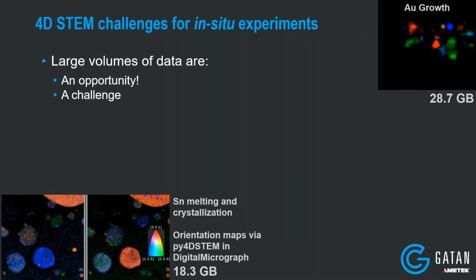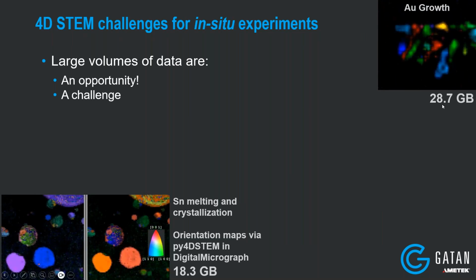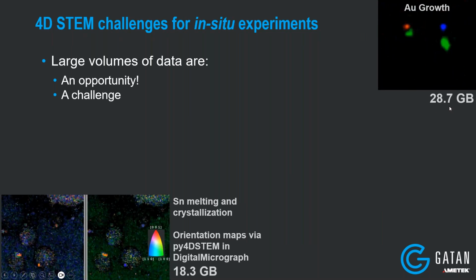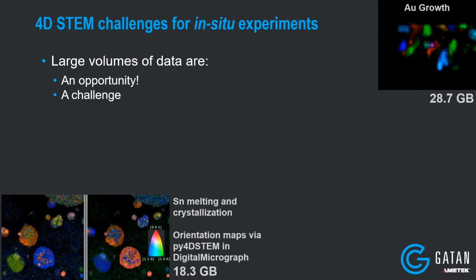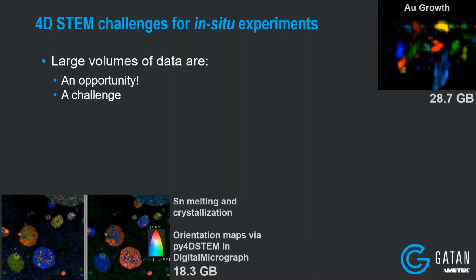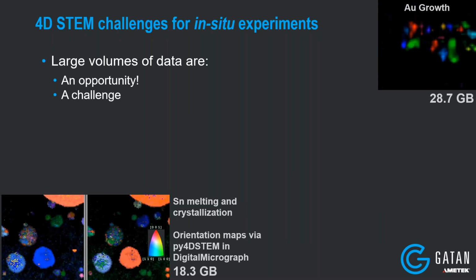The first challenge is really the large volume of data. So this data set that I was just showing is only about 30 gigabytes. To me, as someone who has done in situ TEM for a long time, 30 gigabytes does not seem very large, actually. That's quite manageable.